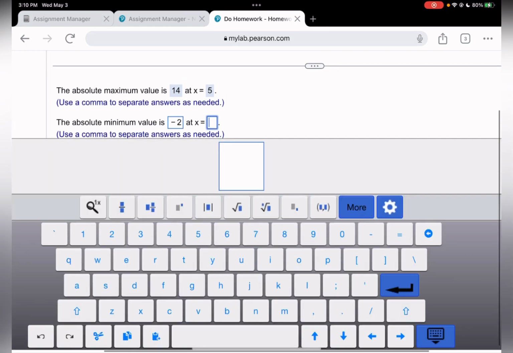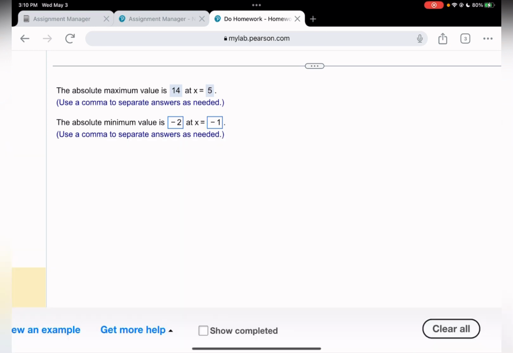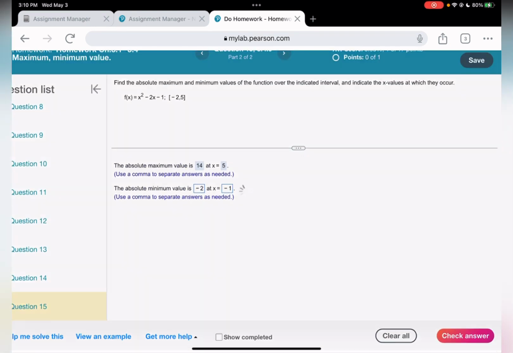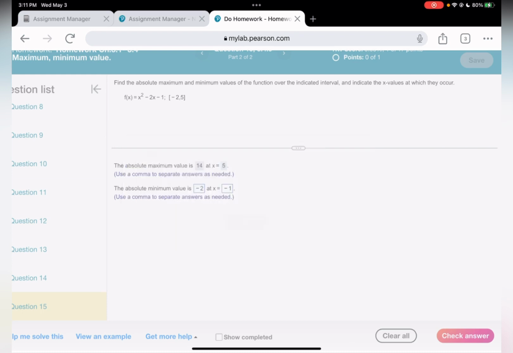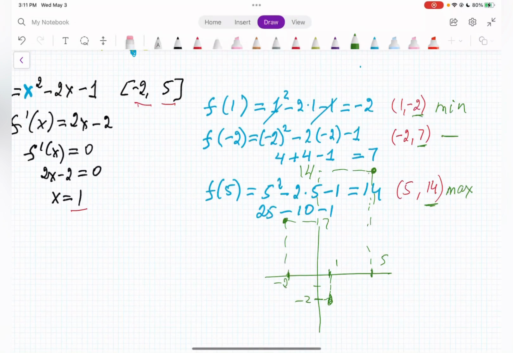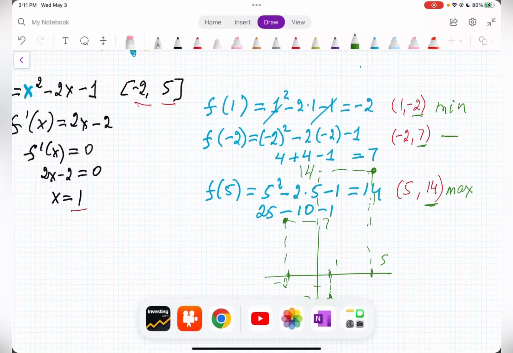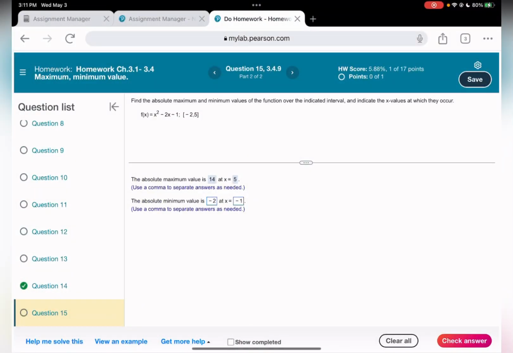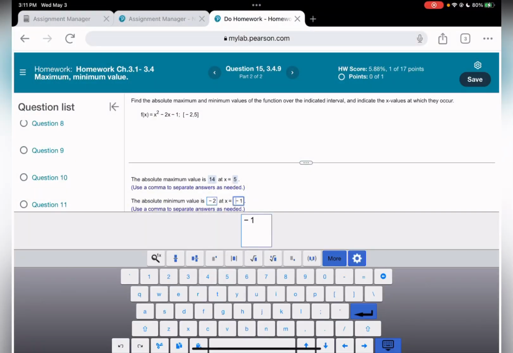I think I copied something wrong. Oh, 1, positive 1 and negative 2, okay. There we go.